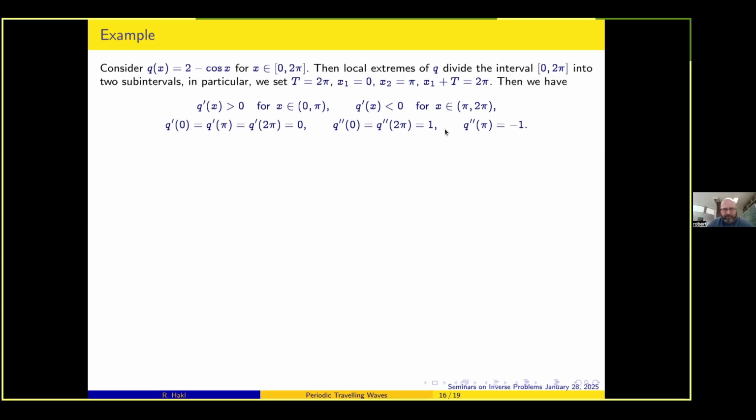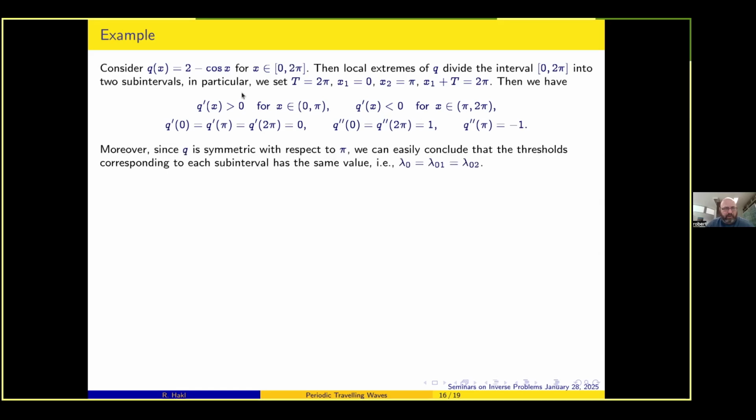And you can see that according to the symmetry, it is a very symmetric function, so you can expect, and it is true, that the thresholds on the subintervals are equal, and therefore also the threshold on the whole interval is equal to this threshold on the subinterval.